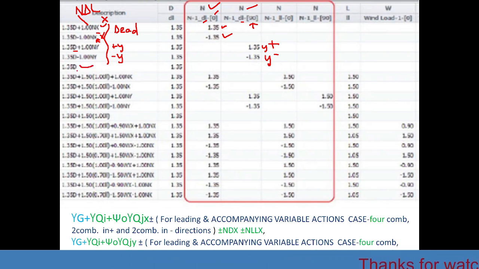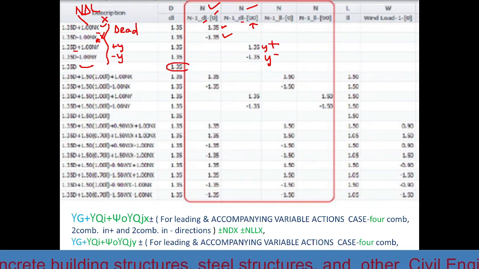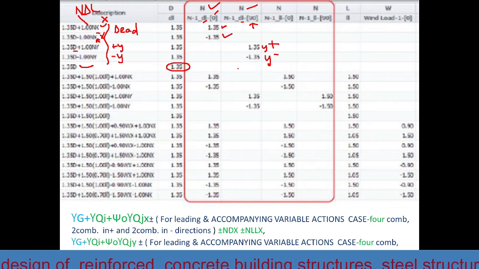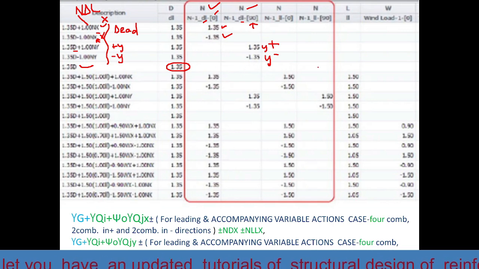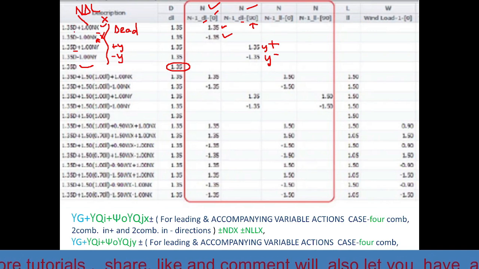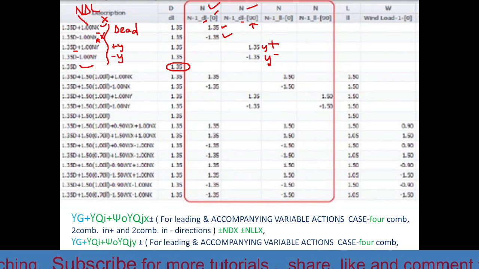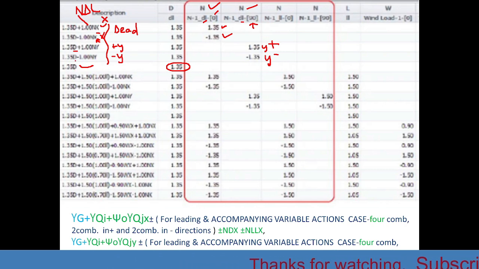And also we have another combination that is 1.35 times the dead load. Here we are taking only the dead load, ignoring the effects of the imperfection. So we do have 5 combinations: 4 combinations involving the notional load, and the other excluding the notional load. So this is for only the dead load combination, and the other is for dead load and live load combination.